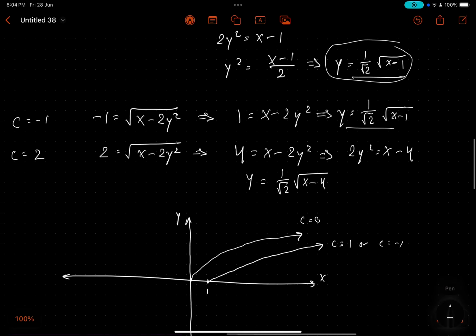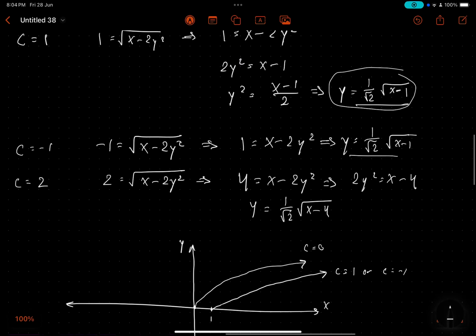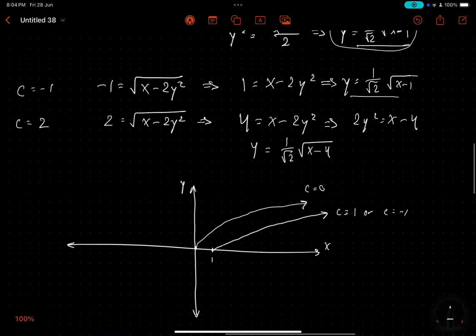And if we intersect at c equals 2, we get the other curve. If you go here and say this is 2, 3, and 4, we start from here and go like that. This is our curve when we intersect at c equals 2.